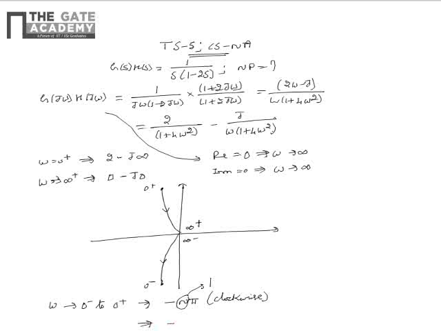So this can be written as minus pi, and the encirclement should be clockwise. So from this we see that the Nyquist plot as omega is varied from 0 minus to 0 plus is as shown, and it makes an encirclement of pi around origin.